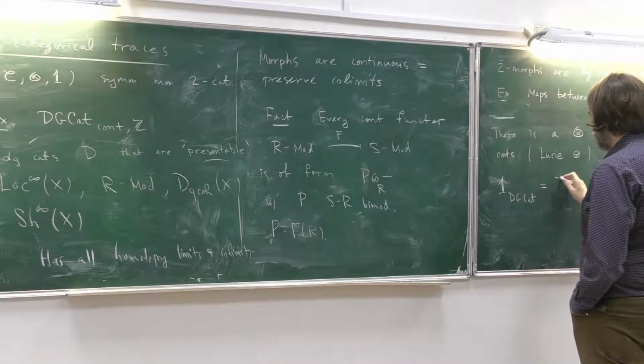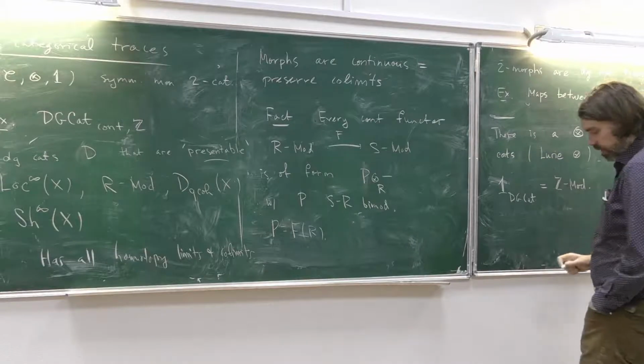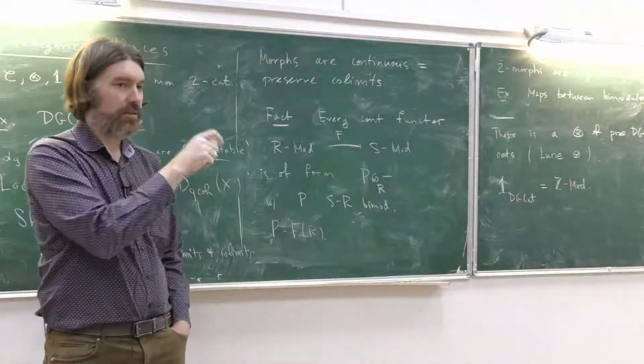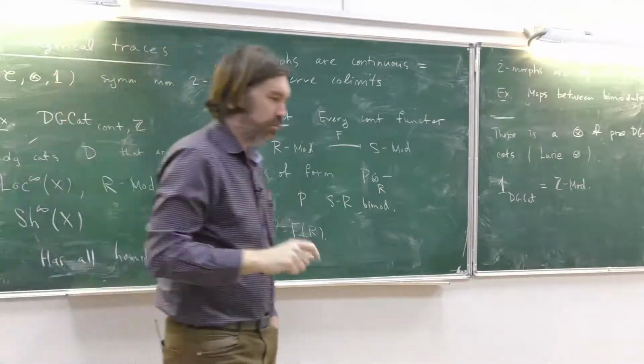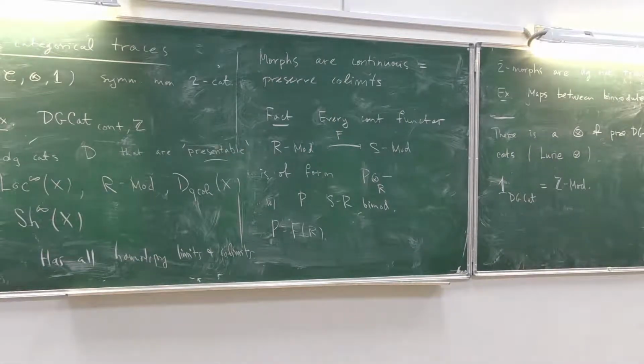It's DG Z modules. So in the second half of the talk, we're going to pretend to be cool kids, and I'm not going to write DG or derived functor and so on. Everything is just implicitly derived. So these are DG modules. And so the claim is, whatever this tensor product is, one property it has is tensoring with Z modules doesn't change anything. Everything's already linear.